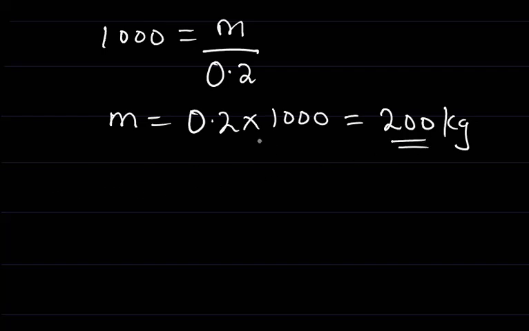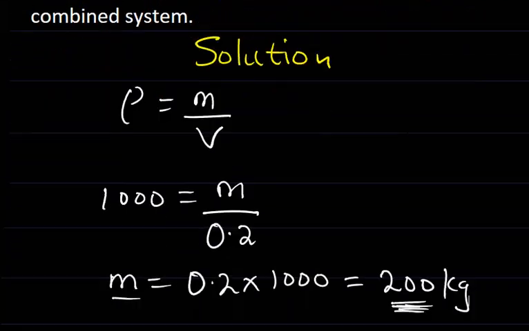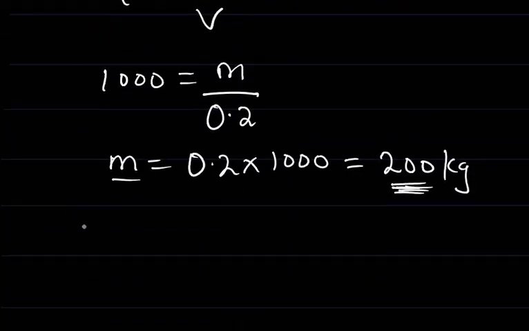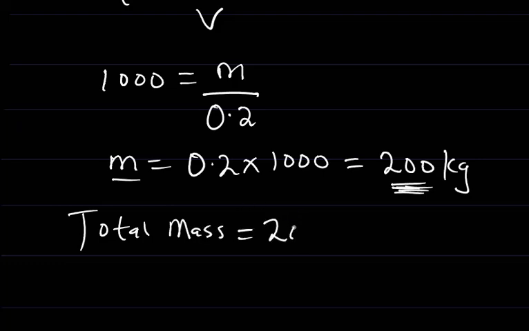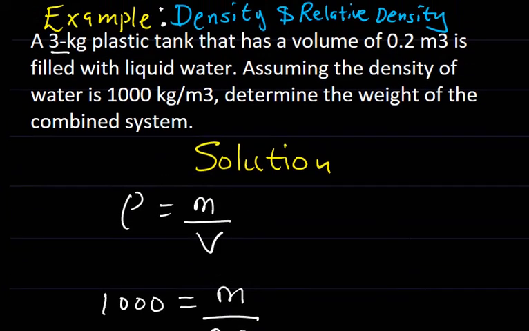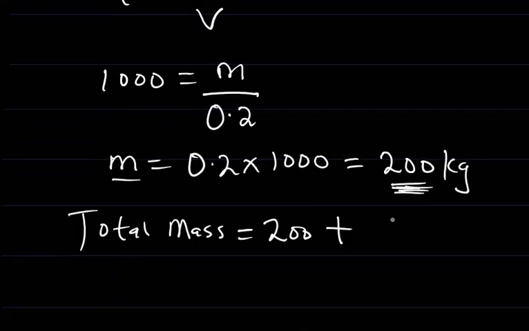This is the mass of the water inside that particular tank. So the total mass is equal to the mass of the water plus the mass of the plastic, which is 3 kg. So that's going to be 203 kg.